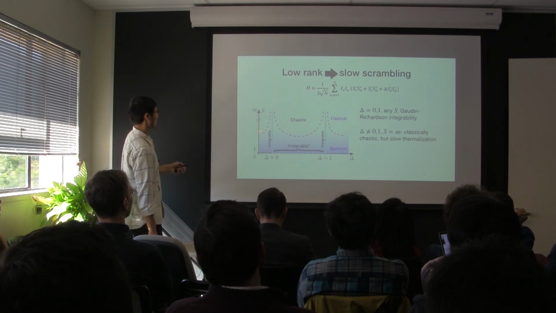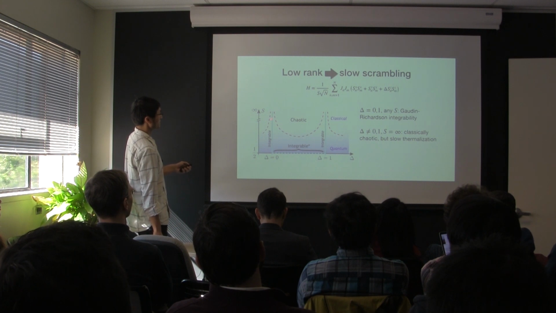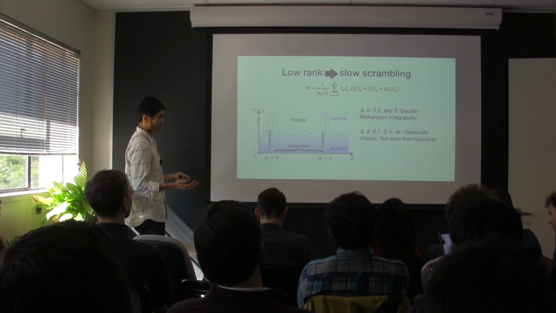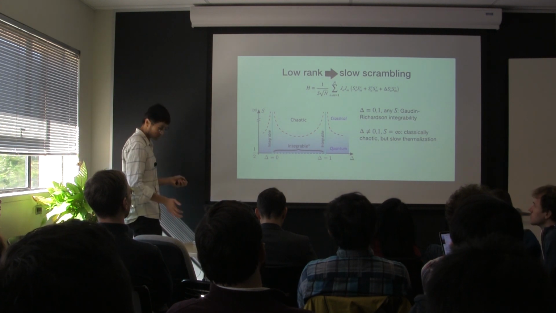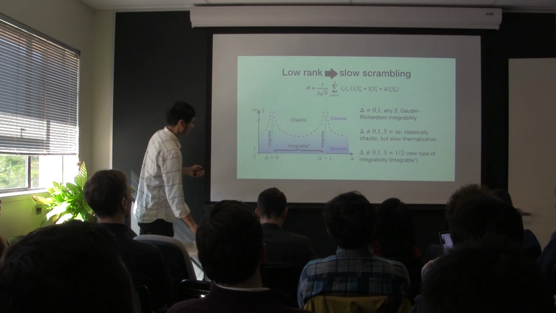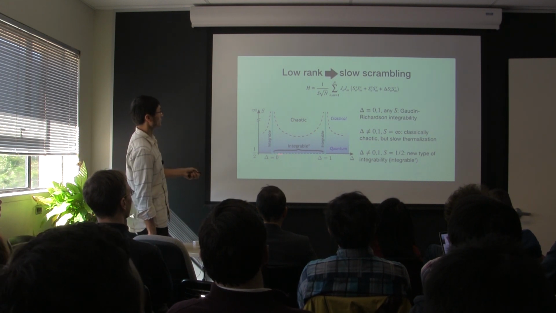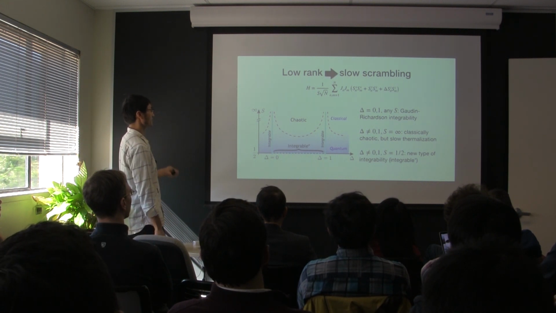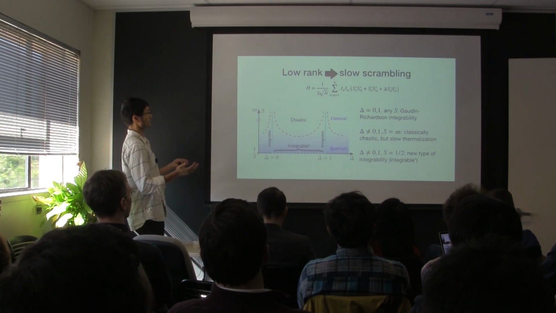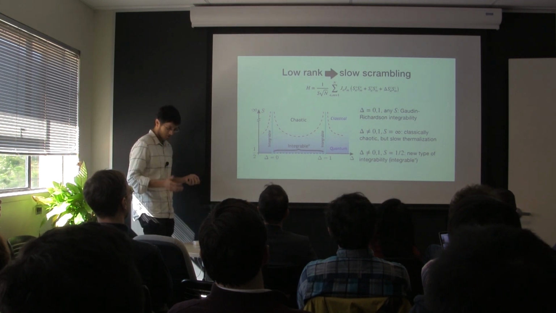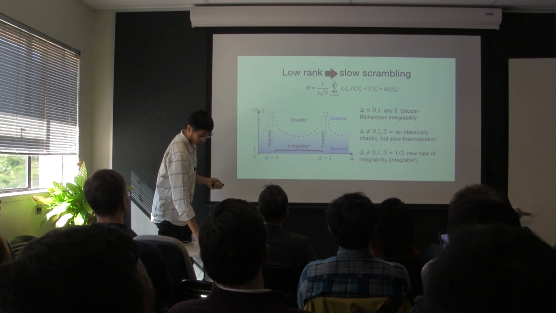At large spin, in the classical limit, there is some classical chaos, but the thermalization is nonetheless slow. Furthermore, if you look at the most quantum case of this model, there is a new type of integrability which we call integrable star. So what is integrable star?